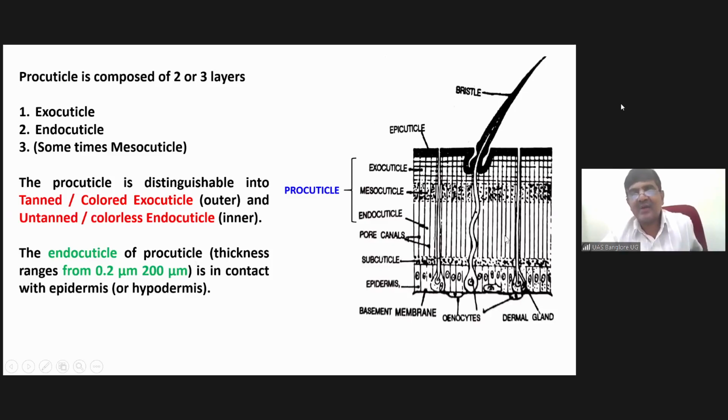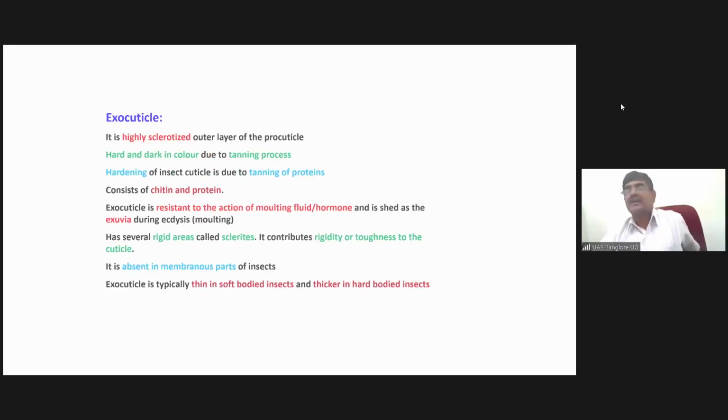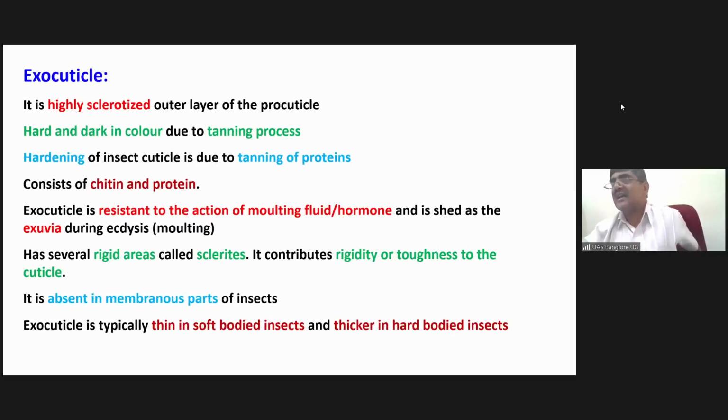And this endocuticle is intact with the epidermis or hypodermis. The next one is the exocuticle. The exocuticle is a highly sclerotized layer of the procuticle.